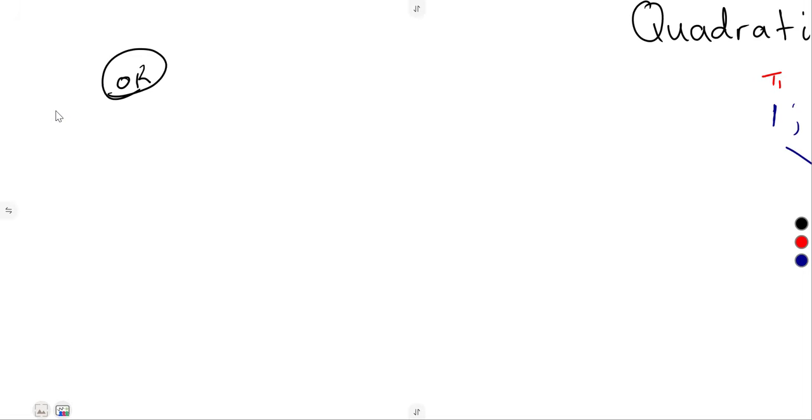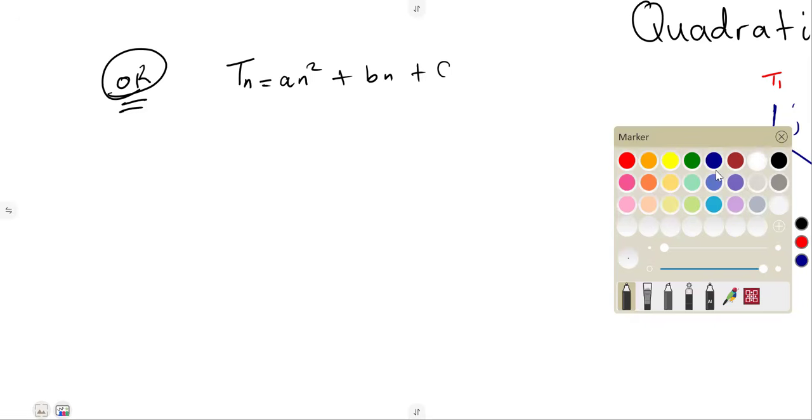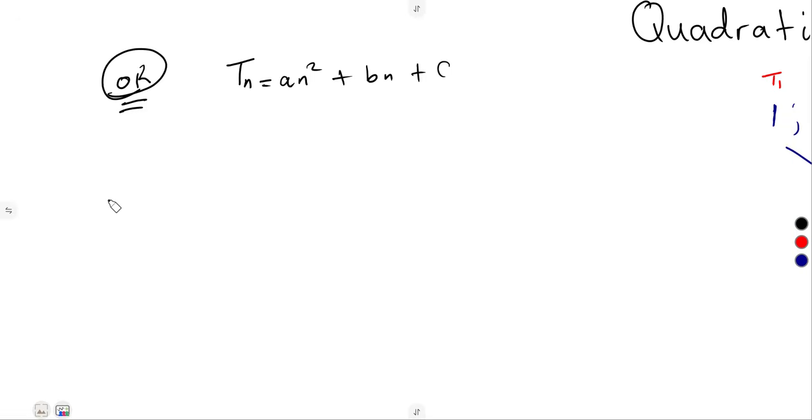Let's say we want to present these in terms of A, B, and C. There's another way we are going to work with. So you go back to the understanding of your quadratic, which is your general term. Remember, Tn is given as an squared plus bn plus c. Here I'm just going to explain one or two things which will not make sense for now, but will make sense later on.